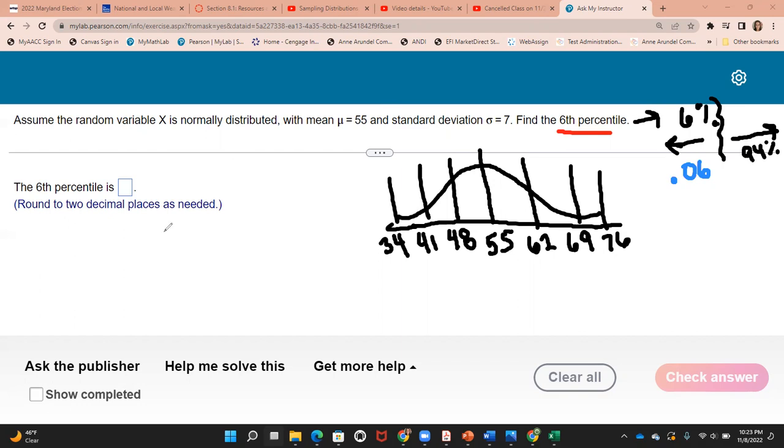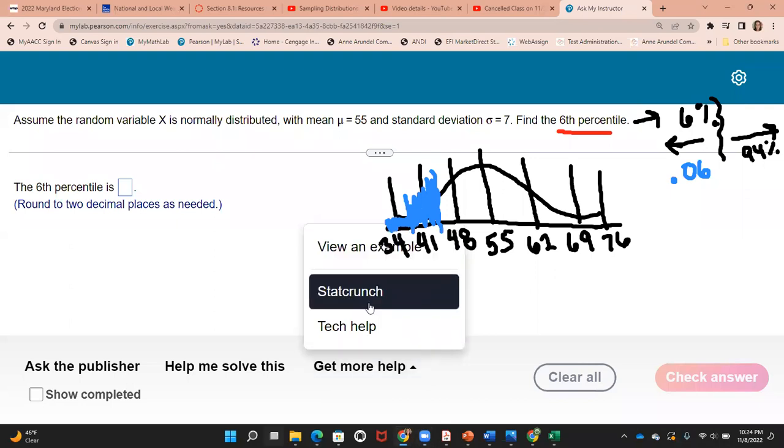Okay, so knowing that, again, you can think about what the curve would look like. If we're talking about 6% of the area, I'm guessing if I had to make an estimate, maybe somewhere in the 40s. But thankfully, we don't have to make an estimate. We can use technology.